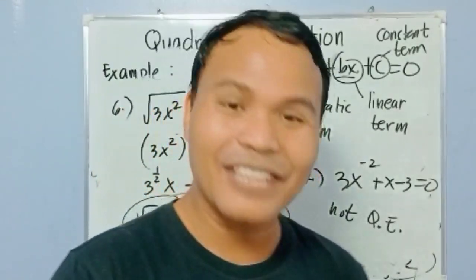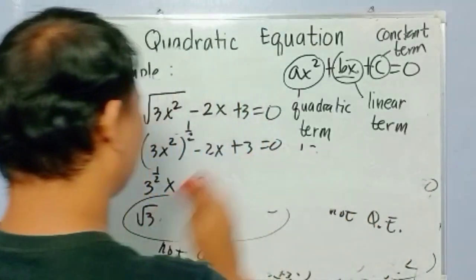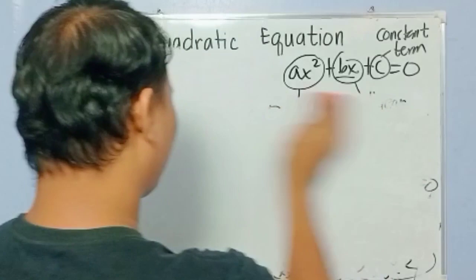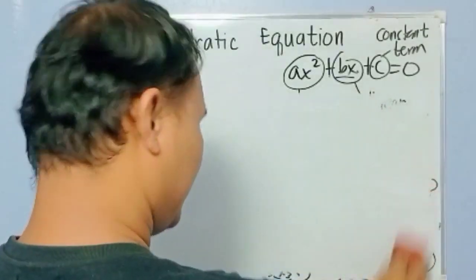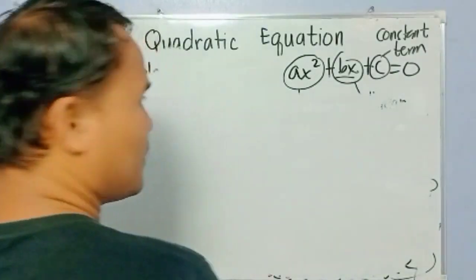Let us summarize the quadratic equation. A quadratic equation is a polynomial equation of degree 2.